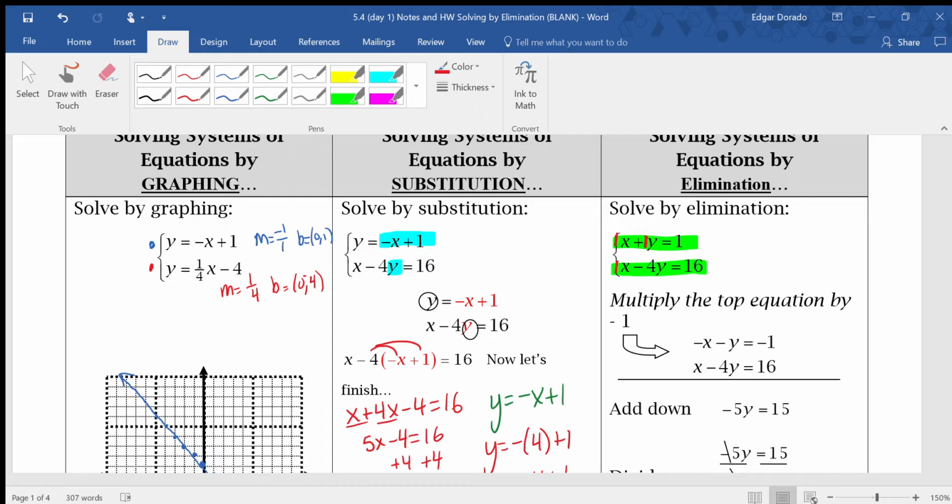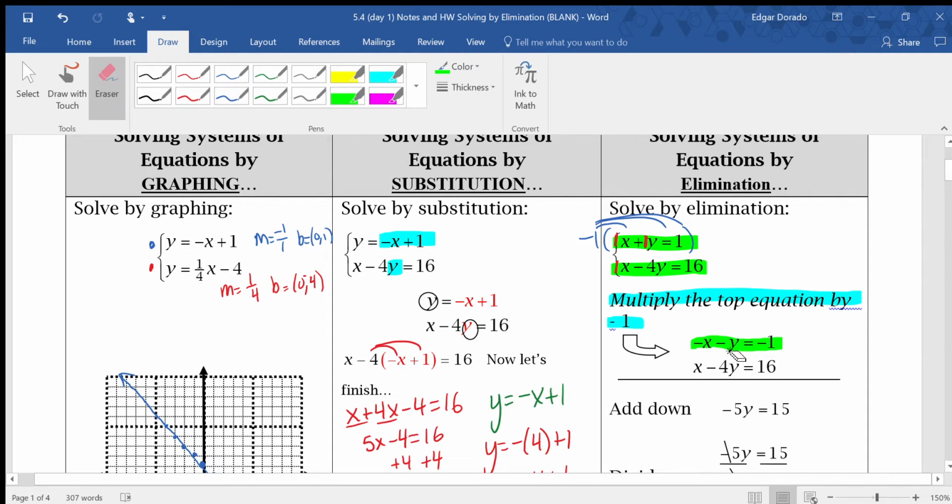What we're going to do is multiply the top equation by negative 1. If I multiply all three terms by that, this is what I would get right here: negative x minus y equals negative 1.